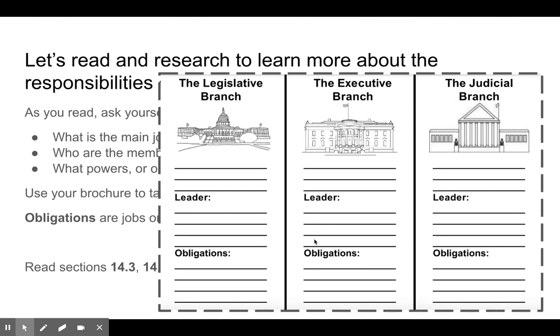Who makes up the executive branch? Who makes up the judicial branch? There's going to be more than one answer here. You're thinking about the 2 houses for the legislative branch. In addition to the president, who else is a member or leader in the executive branch? Then finally, for the obligations, like we said, that's where you'll write about the powers they have. And you can use bullet points for that.